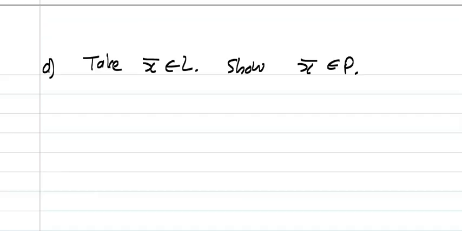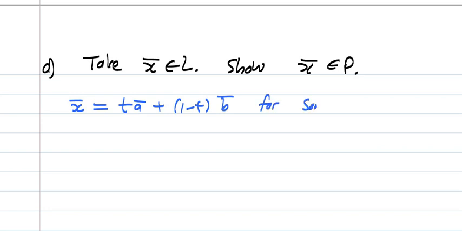All right. Now the next question is, take any point on line L. So it must be a 3D vector. We label it X. The question says, show that vector X is sitting in P. All right. So by part A, X is of the form tA plus (1 minus t)B for some t element of the reals.